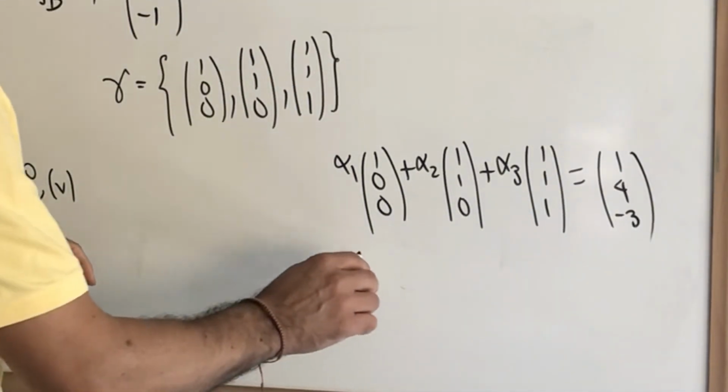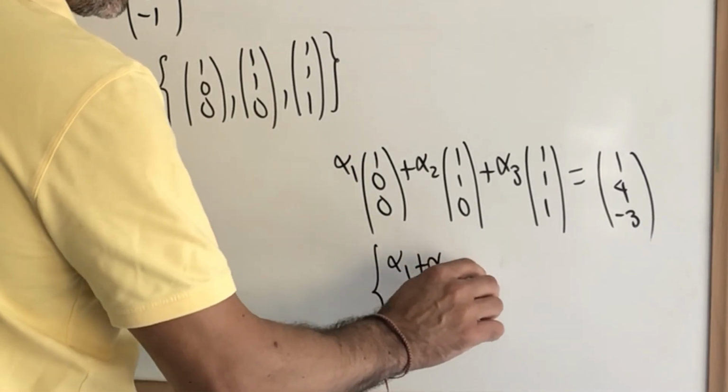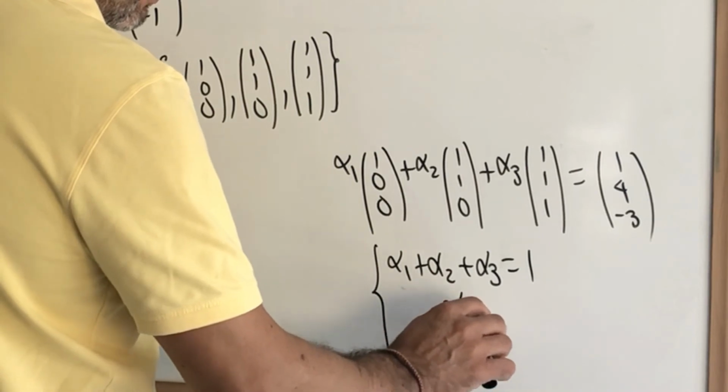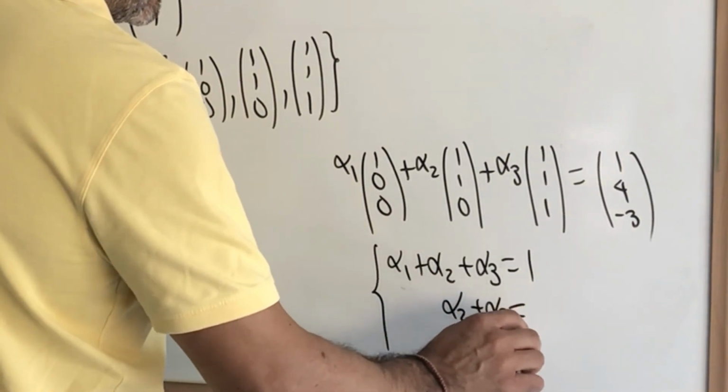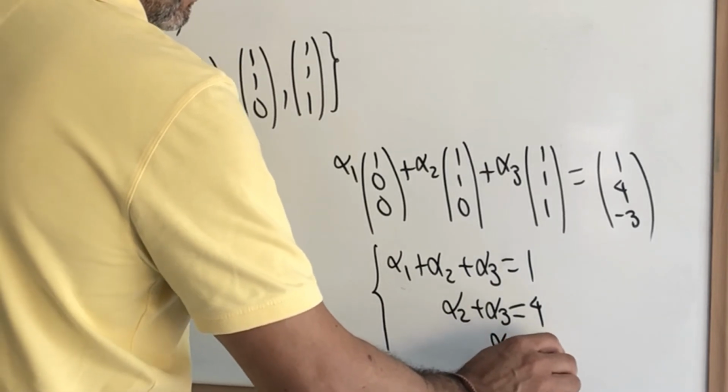And then we set up the system, which is alpha 1 plus alpha 2 plus alpha 3 equals 1, alpha 2 plus alpha 3 equals 4, and alpha 3 equals negative 3.